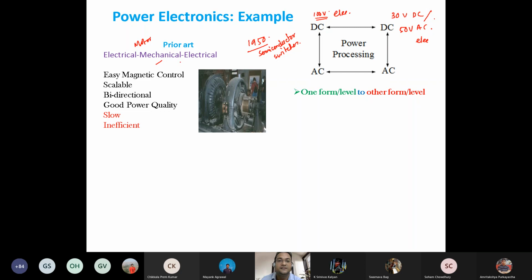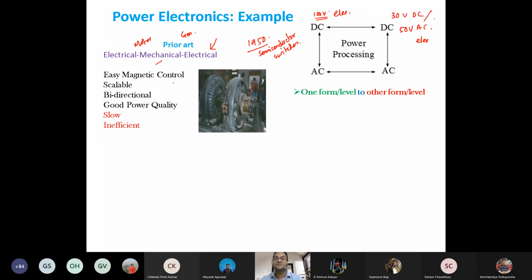Then that mechanical energy you convert back into electrical using a generator, right? Now by controlling generator excitation and motor speed, you can actually control your output, what you want. If you are using an AC generator, you will get AC; with a DC generator, you will get DC output. That's how people used to control long back, before power electronics.